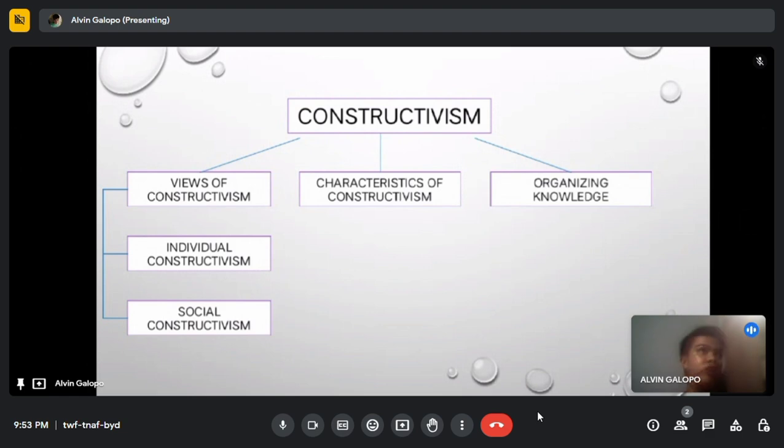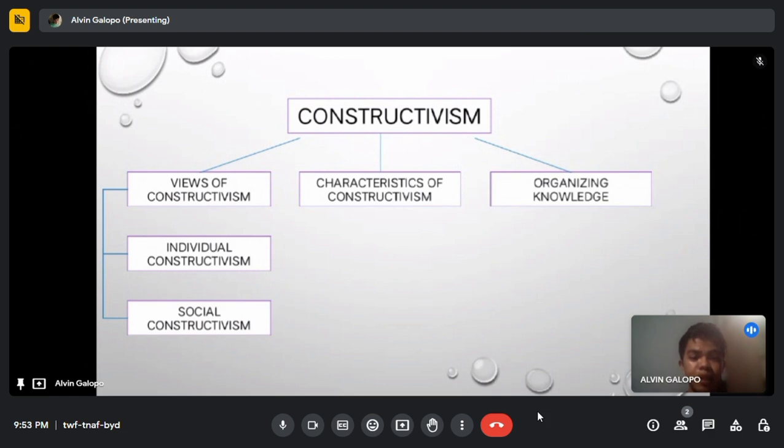In education, this approach encourages learners to explore, question, and discover knowledge rather than simply receiving information passively. So that is constructivism.